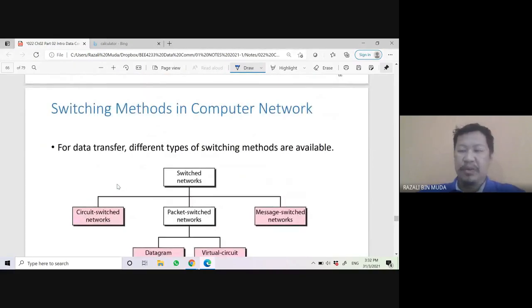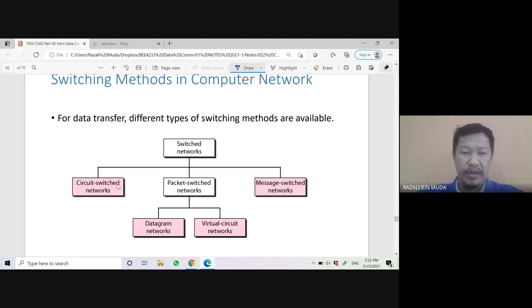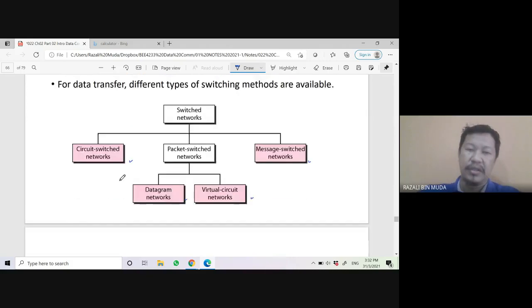Switching methods in computer networks. For data transfer, different types of switching methods are available: circuit switch network, message switch network, datagram networks, virtual circuit network. Switch networks can be divided into 3: circuit switch, packet switch, and message switch. For packet switch, there are 2: datagram and virtual circuit network.